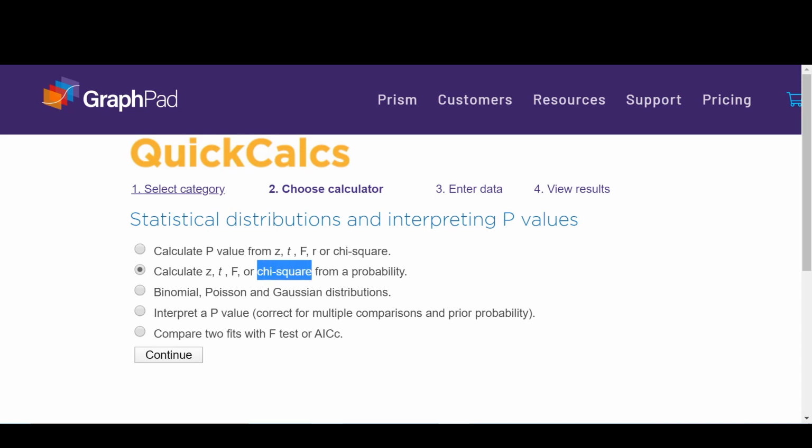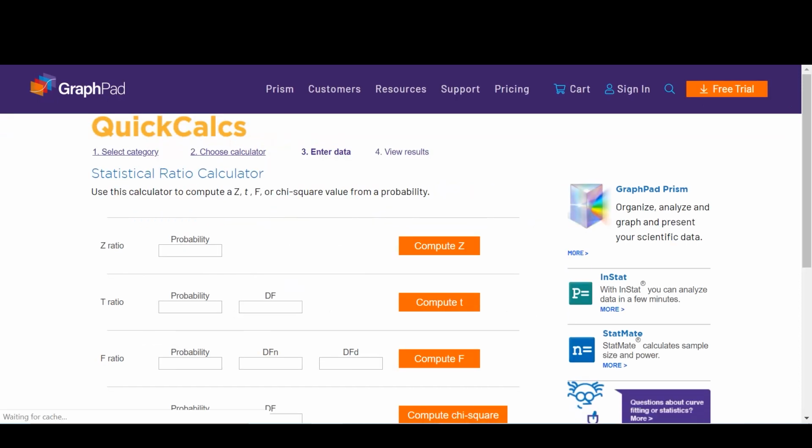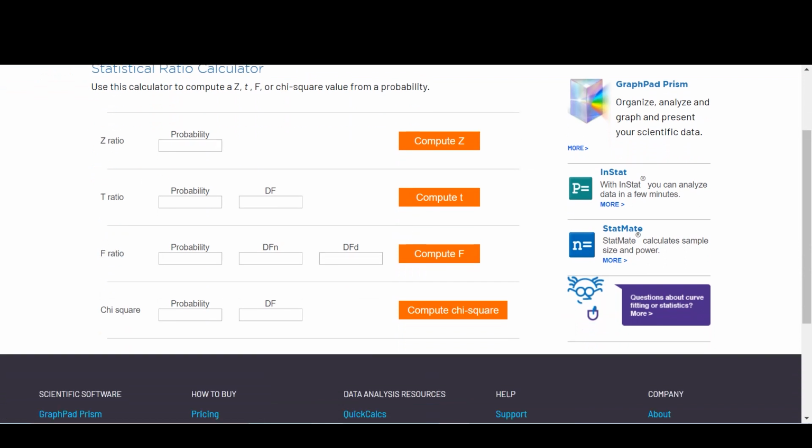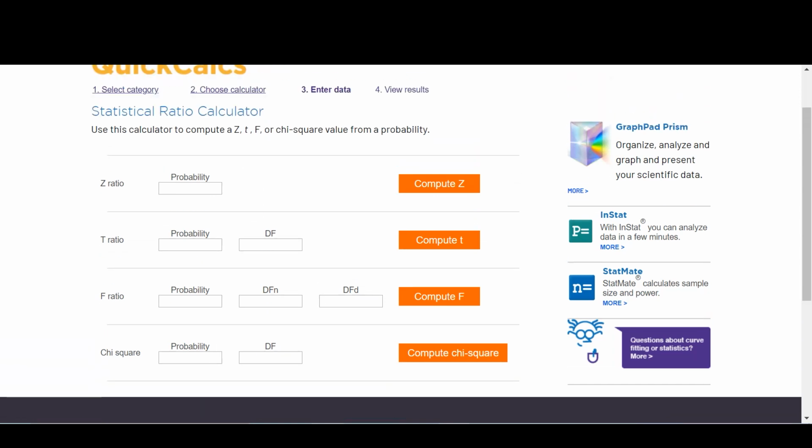So we're really interested in chi-squared, from a probability. So let's go ahead and continue. Now again, you have the options to find all the z-scores, t-scores. We haven't talked about f yet, but that'll come at some point. And then chi-squared. Now, what they mean by probability, I played around with this to figure it out. They decided to use the right area.